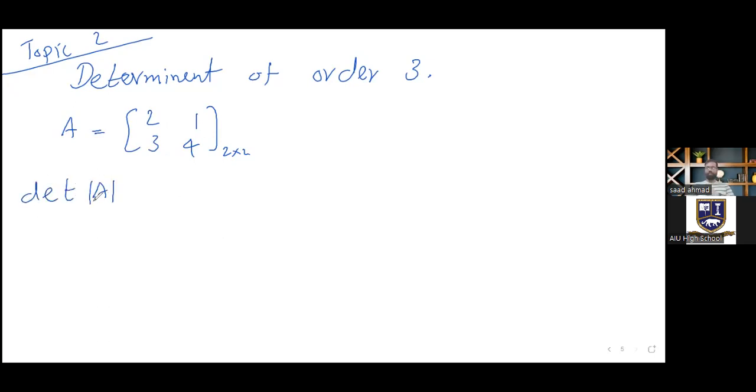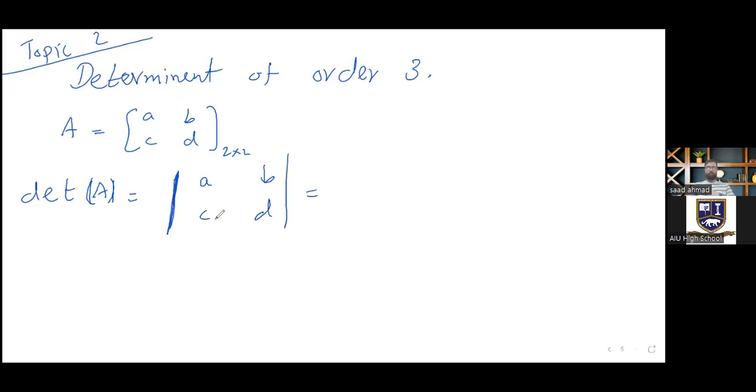Determinant of A is written like this. You put the straight lines, or actually let me use the general alphabets A B C D. Okay, so let's say we have it like this.